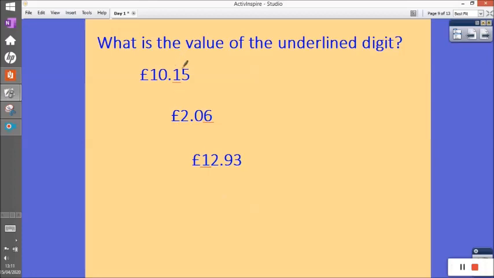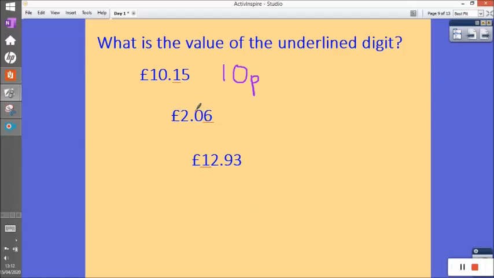So in £10.15, the 1 here represents 10 pence. We see that because we've got our £10 and our decimal, remember, goes between our pounds and our pence. And the 1 in 15 is the 10 pence. Hopefully you all got that. The next one, £2.06.